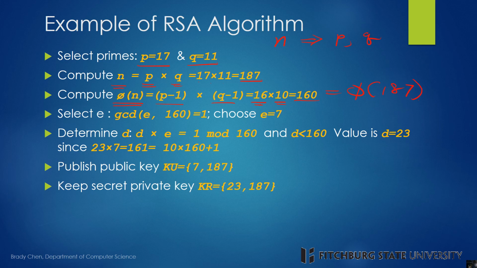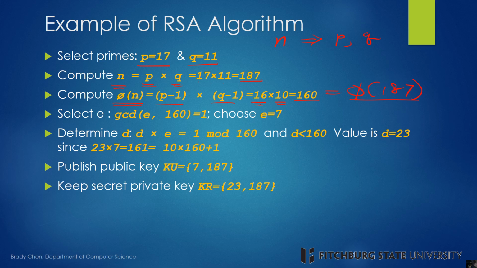Honestly, if you try to calculate phi of 187 by definition, it will take a longer time, right? So we have to test each of the numbers, whether the number is relatively prime to 187. We need to test the numbers from 1, 2, 3, 4, all the way to 186.